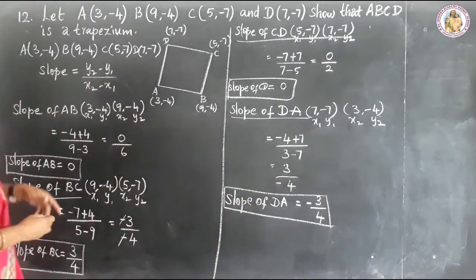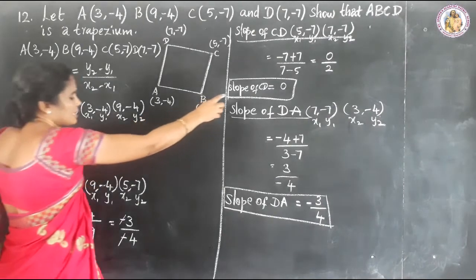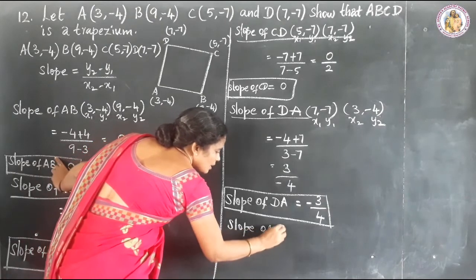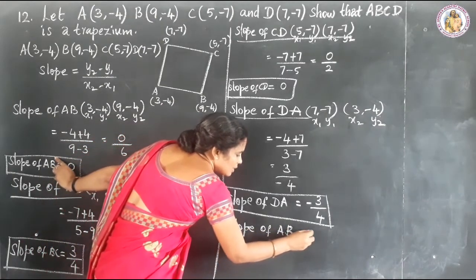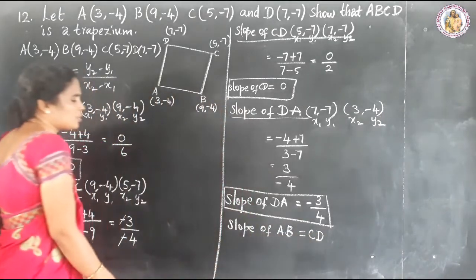Now you can see, students, that the slope of AB is equal to the slope of CD, that is, AB is parallel to CD.